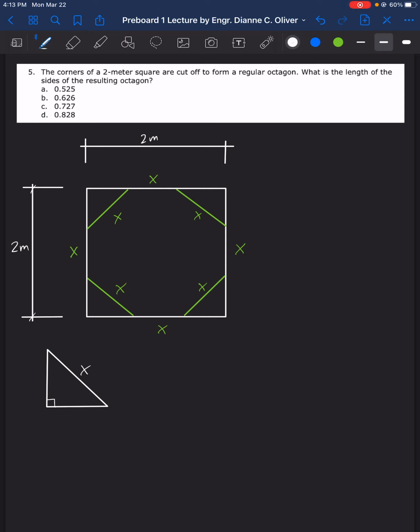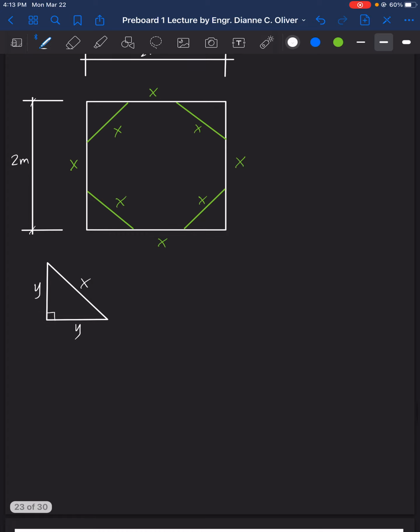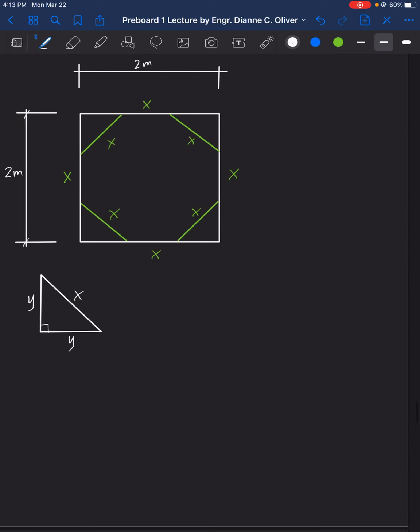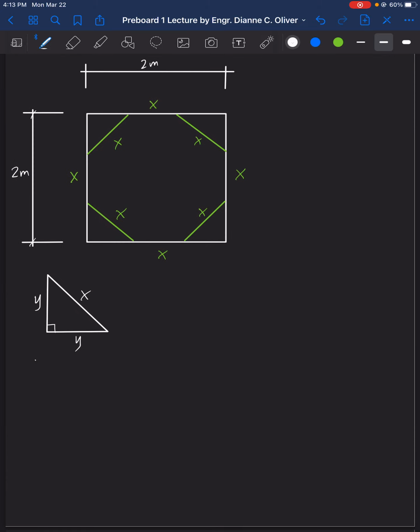If this is x, therefore this is y and y. Then by Pythagorean theorem, x squared is equal to y squared plus y squared. So x squared is equal to 2y squared. y is equal to the square root of x squared all over 2. Therefore, y is equal to x all over square root of 2.